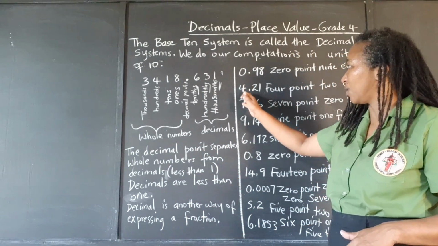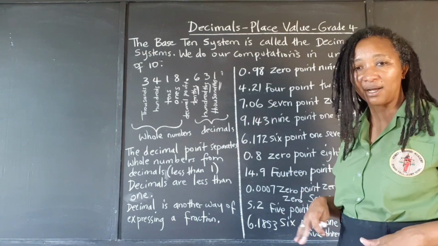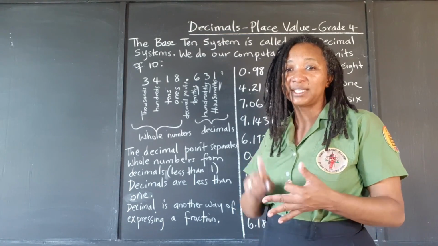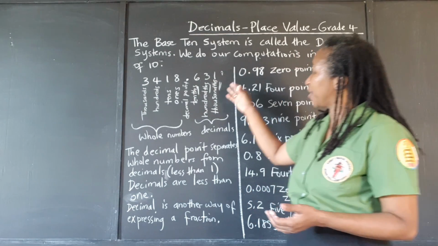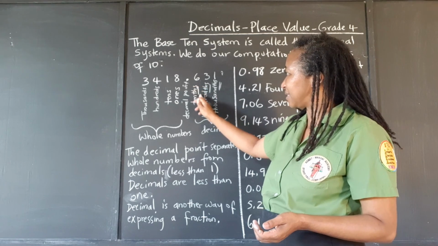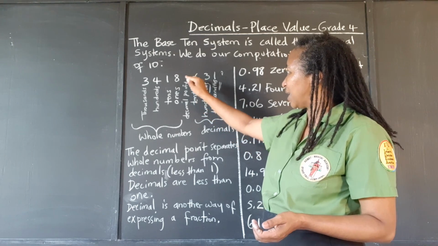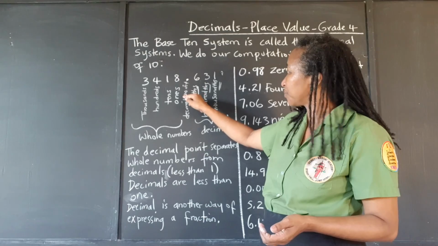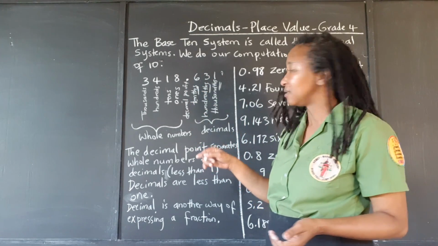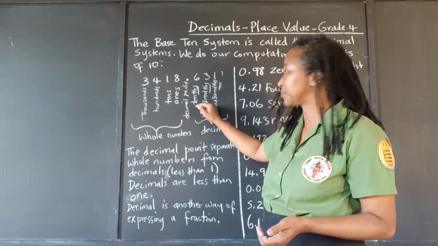So we call the whole number first, as we normally call it. The decimal parts of it, we call each digit separately. So remember, the first decimal place is the tenths place, so that's 6/10. The second decimal place is the hundredths, 3/100.